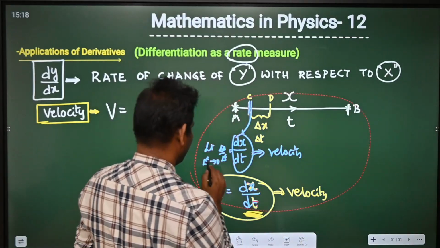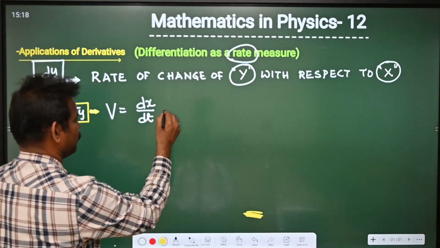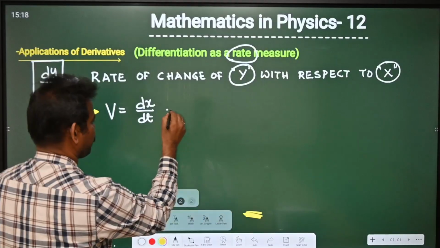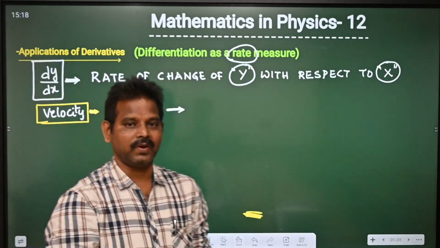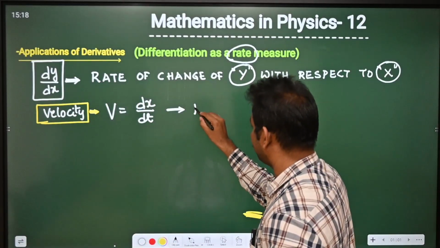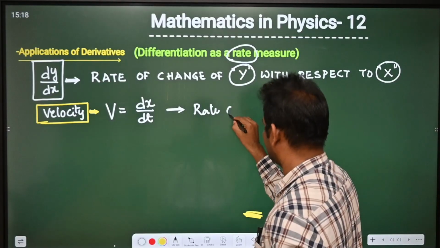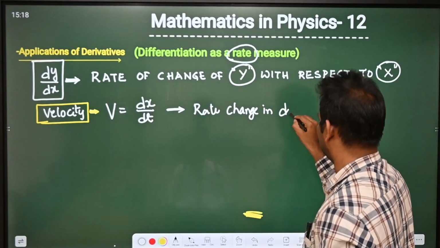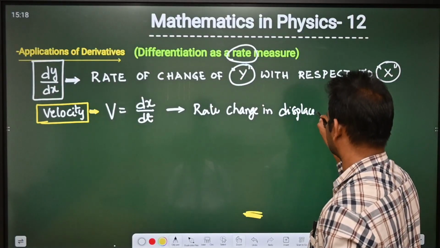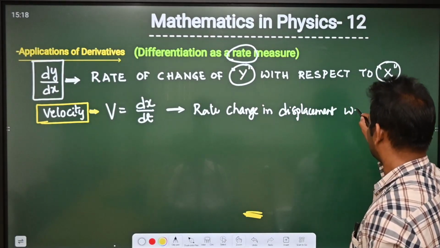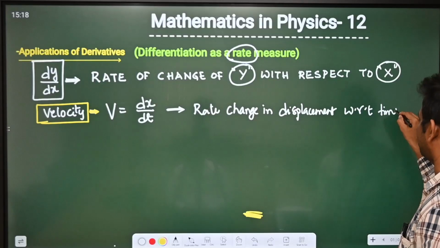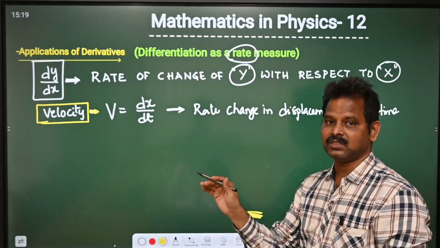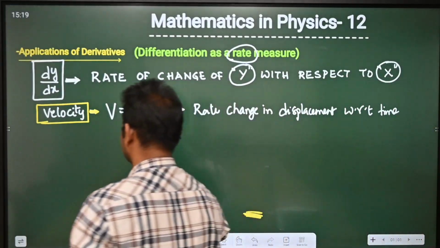What is velocity? The rate of change of displacement with respect to time is called velocity.